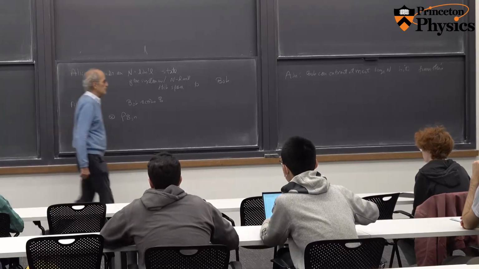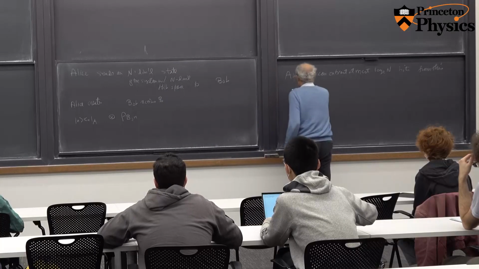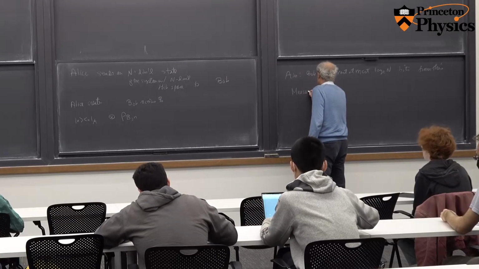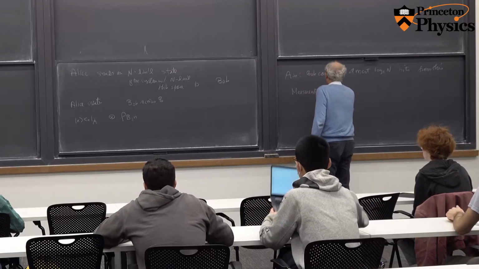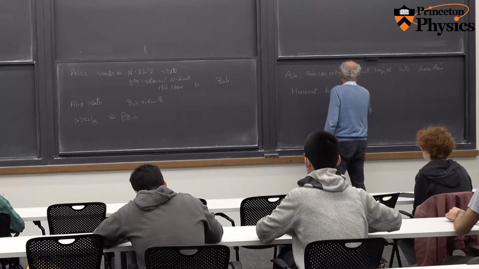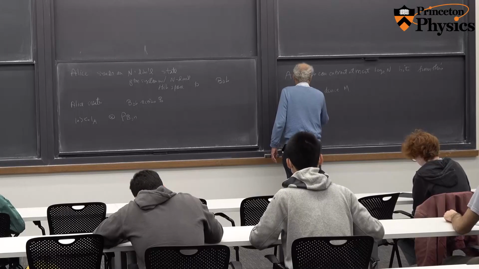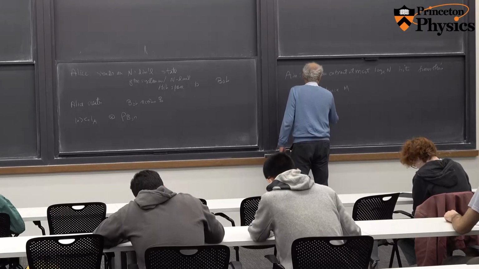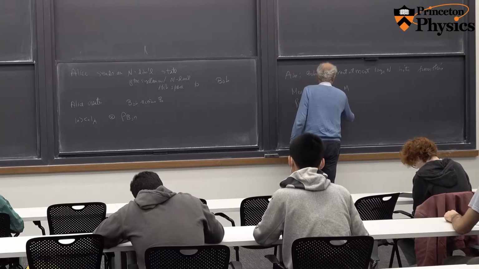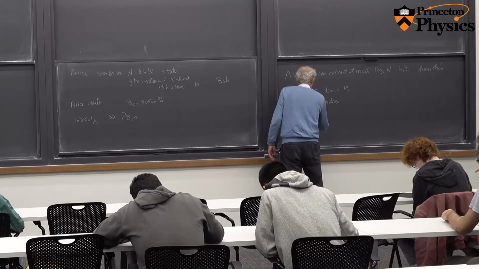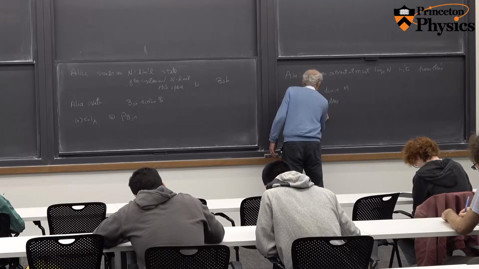So let's discuss what a measurement is. Measurement means there's a device, M, the measuring device, which is arranged so that its final density matrix is diagonal in some known basis.